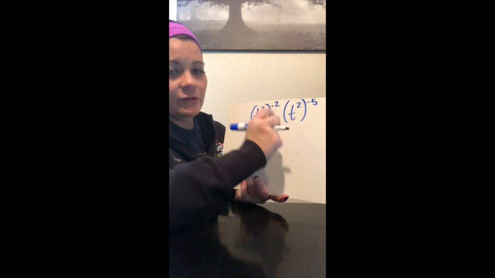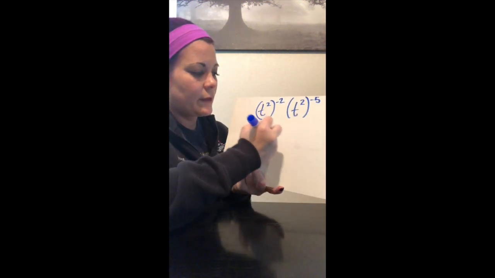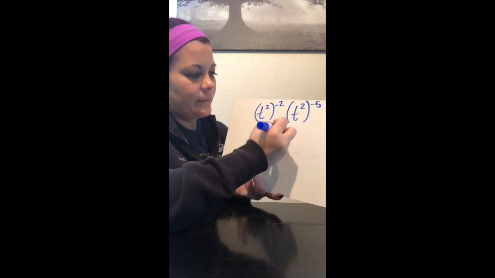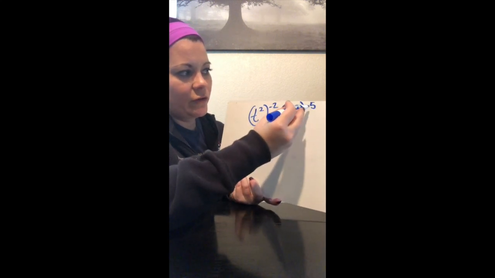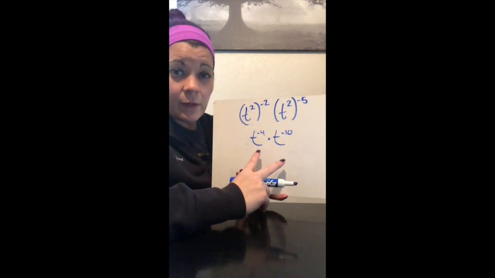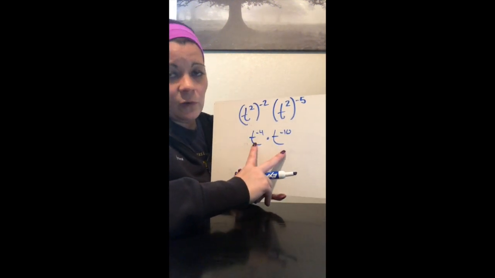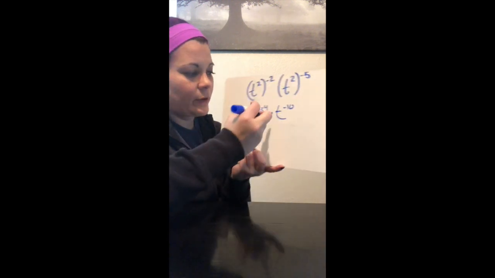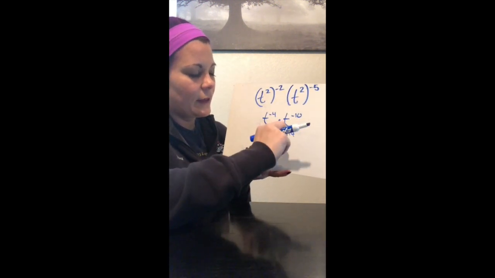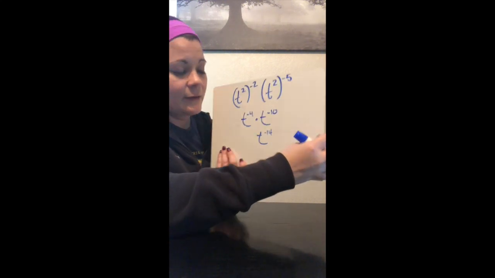So here, a power raised to another power, you multiply them. So 2 times negative 2 is a negative 4, times t to the 2 to the negative 5 is negative 10. We still have an exponent property law where if it's multiplying by the same base, we add the exponents. So t to the negative 14, because negative 4 plus negative 10 is negative 14.